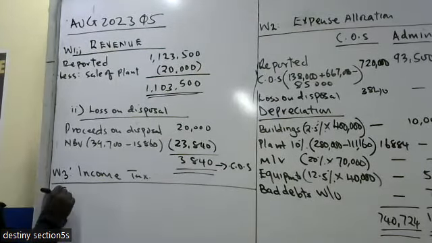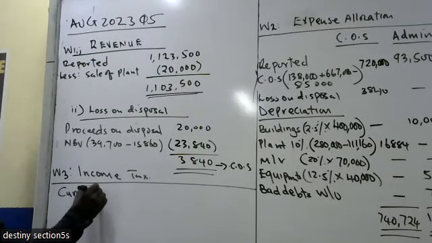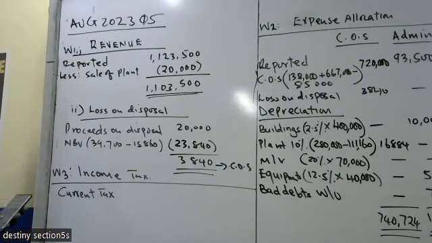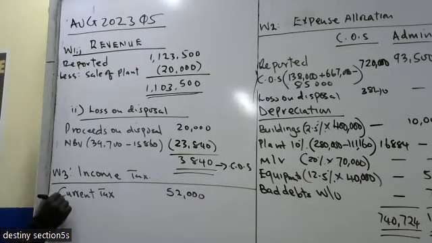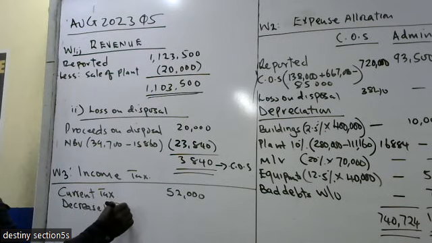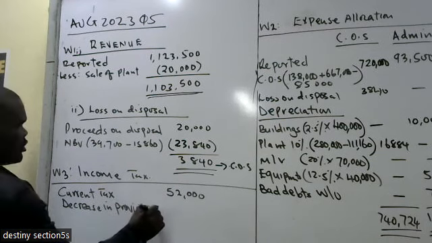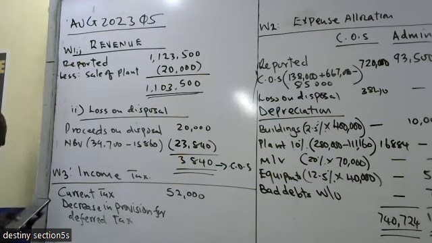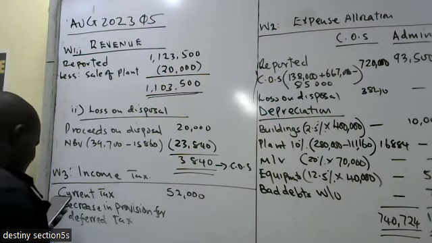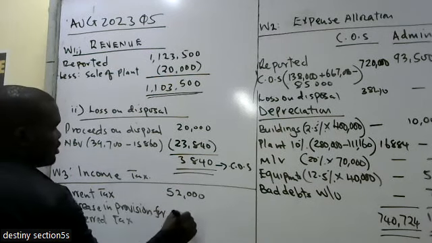So current tax for this year, they require 52. Then decrease in provision for deferred tax. Deferred tax has gone down. They are saying decrease in provision for deferred tax is 3,000.